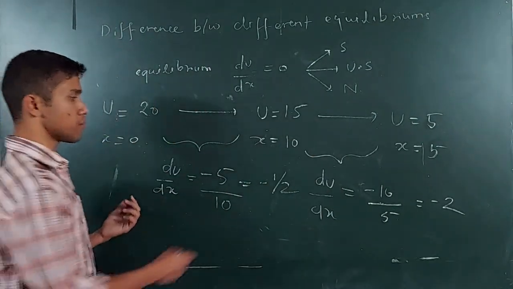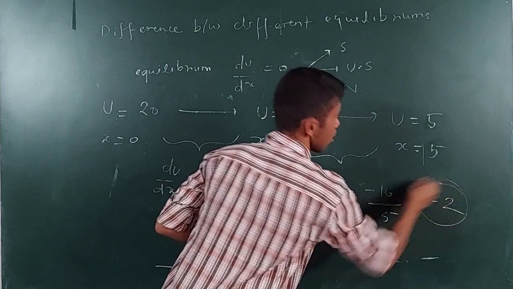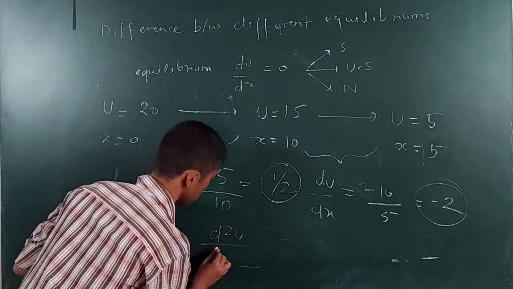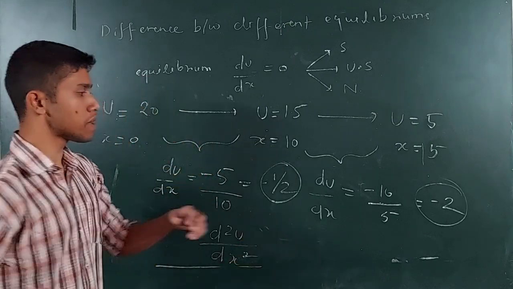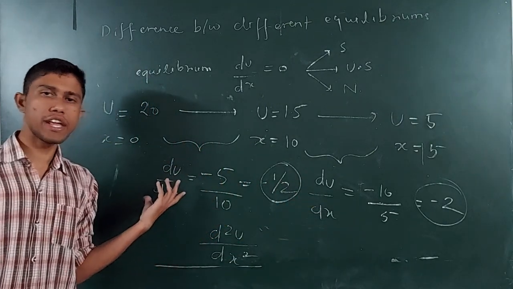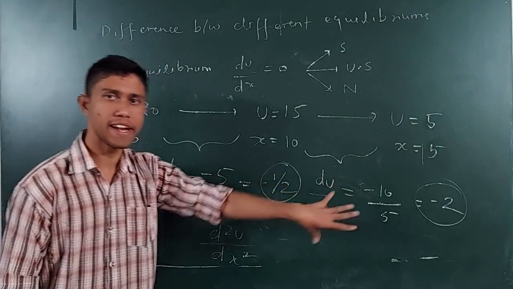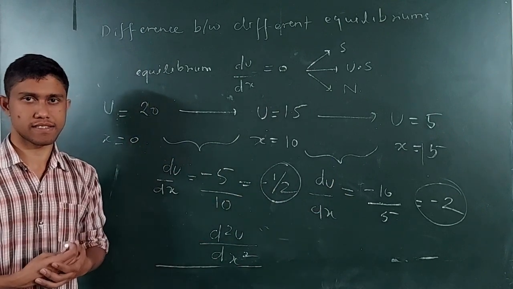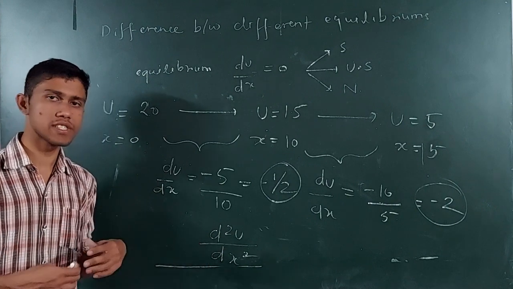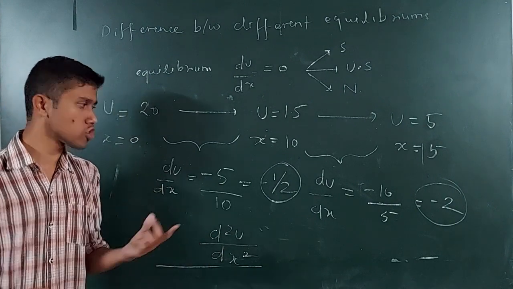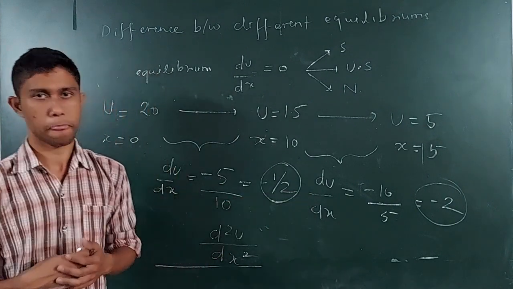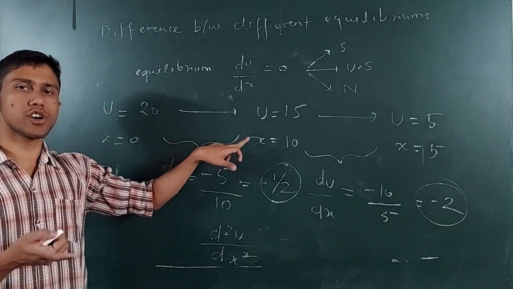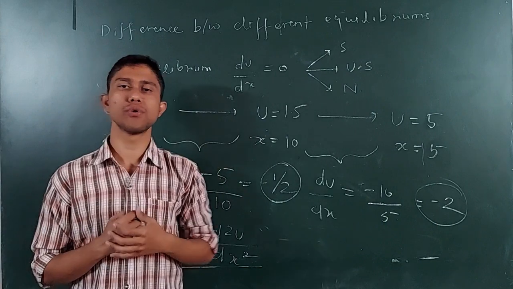So now I ask you, what is d square u by dx square? Now simply, this is the initial du by dx and this is the final du by dx. So it is the rate of change of du by dx. Understanding what is d square u by dx square? It is the rate of change of du by dx. But in this term I can say that it is the rate of change of u.